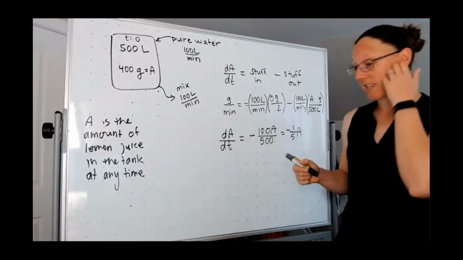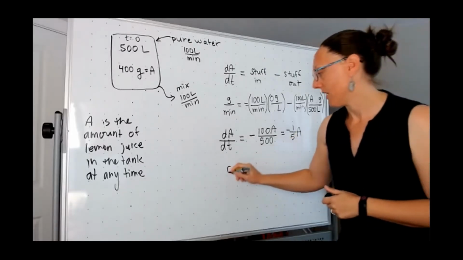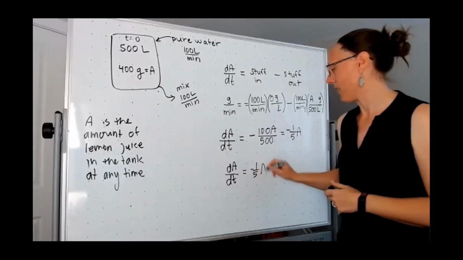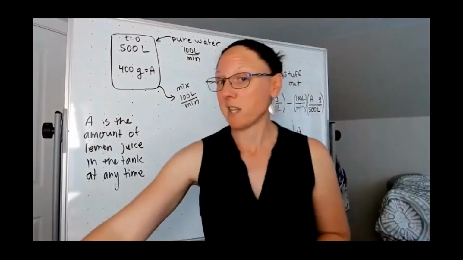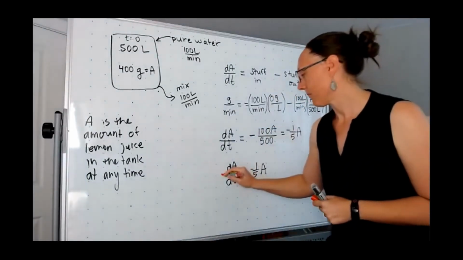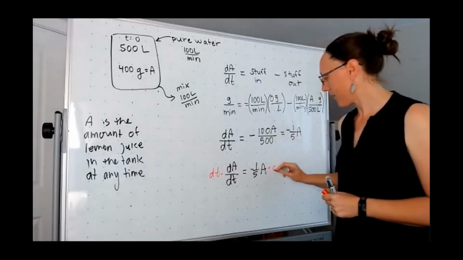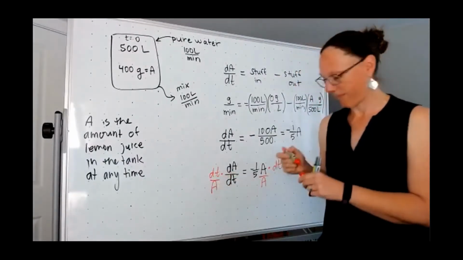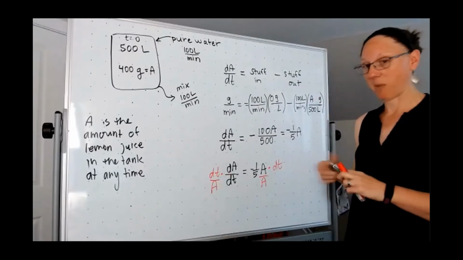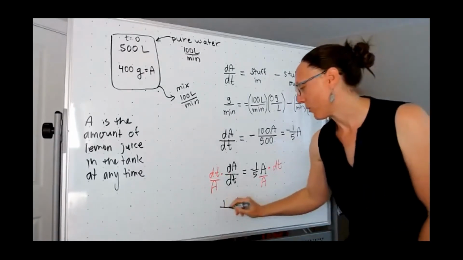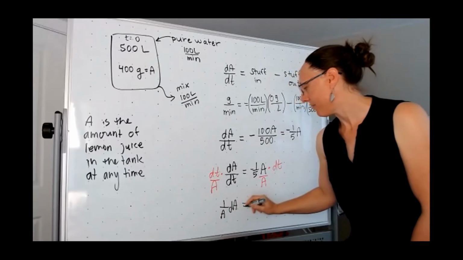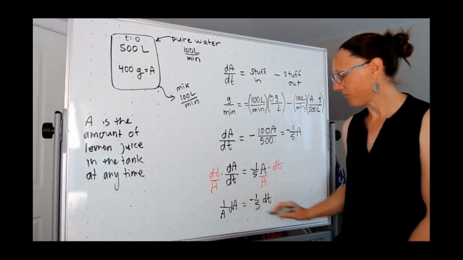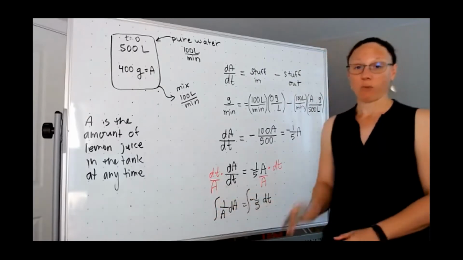So when I rearrange this, I'm going to give myself a nice clean line down here, -1/5 A. So I'm going to multiply both sides by dt, and I'm going to divide both sides by A. When I do that and clean it up on the left-hand side, I'm left with 1/A dA is equal to -1/5 dt.